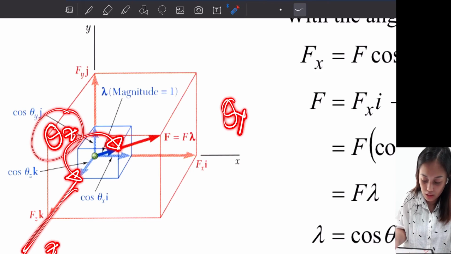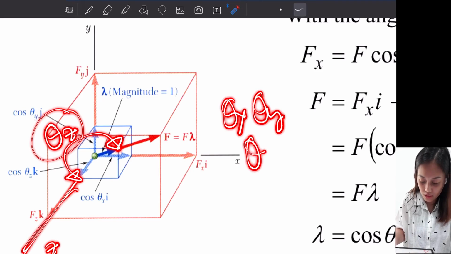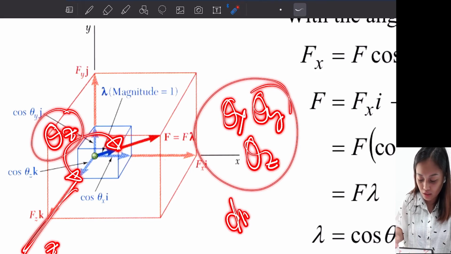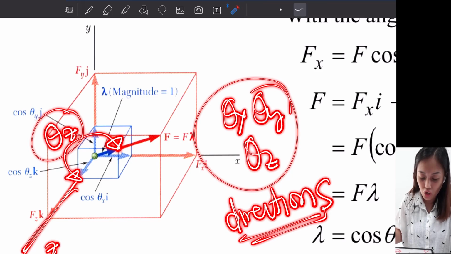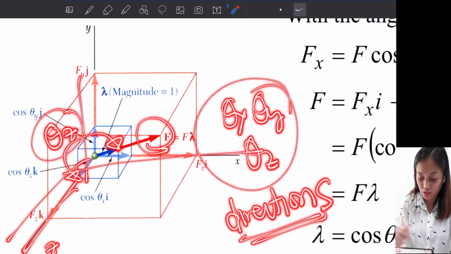These theta x, theta y, theta z are the directions of the force F in space: the direction along x, along y, along z.